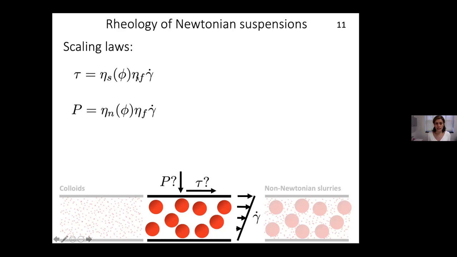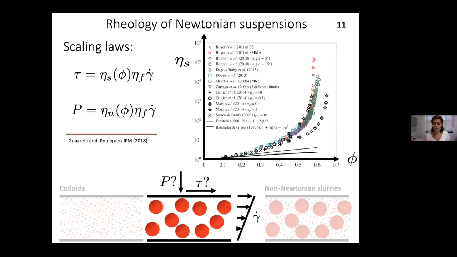But the main key is that everything is viscous, and the only available scaling is viscous scaling here. And we can have the same argument for the normal stresses that are developed in this system. And now we can just adopt a different multiplier that we call normal relative viscosity.